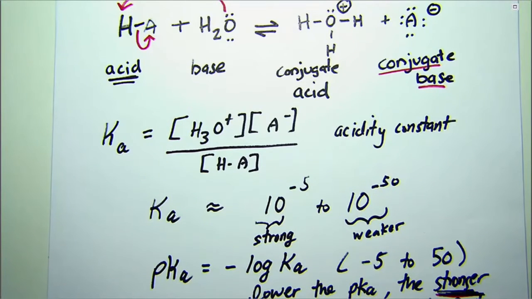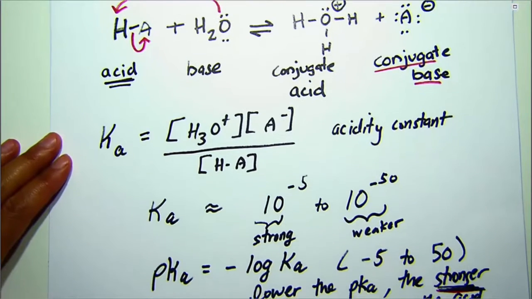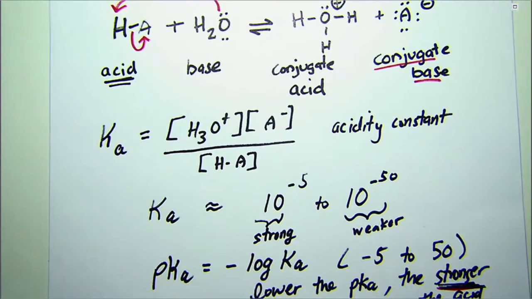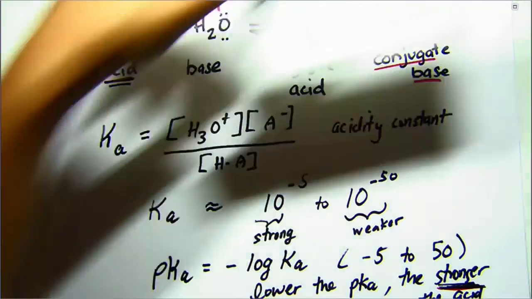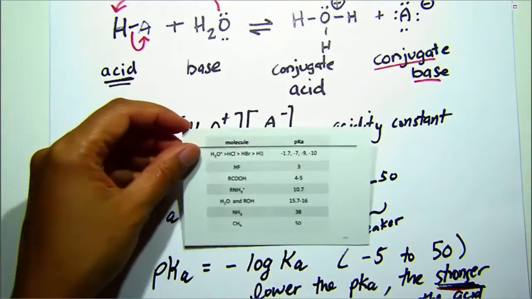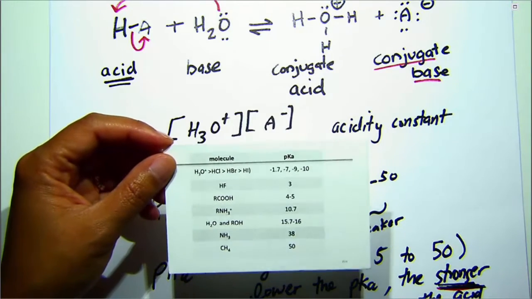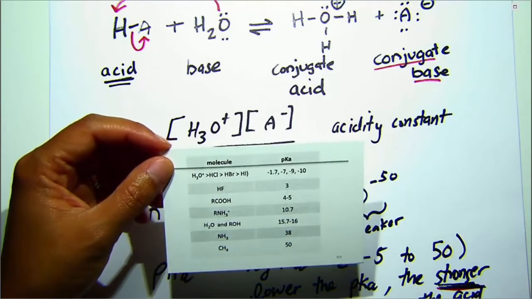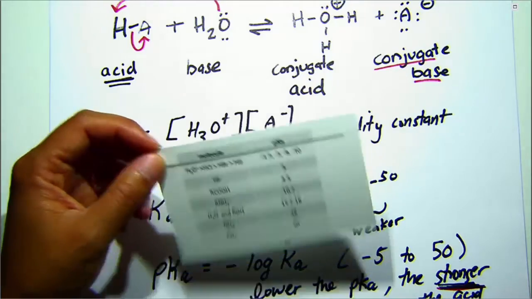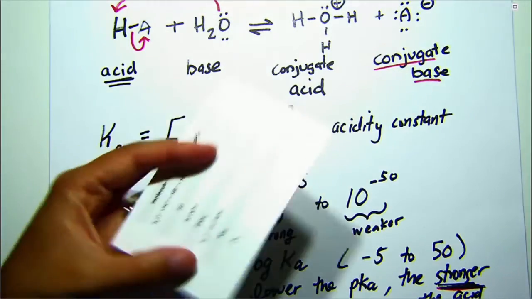Now, our textbook has some different pKa values for us, and I've also given you in my course notes a chart of pKa values that I suggest you commit to memory. This was really super helpful on the final exam, and I asked students to know a few different pKa values just so you can get an idea of how strong organic acids are.